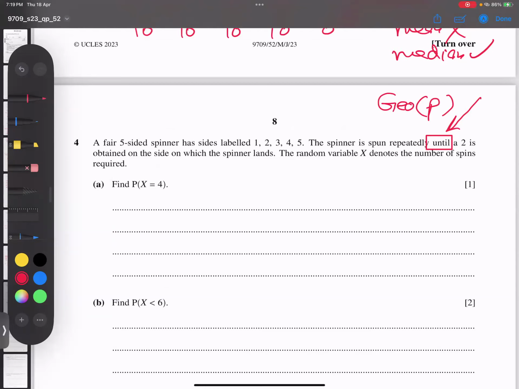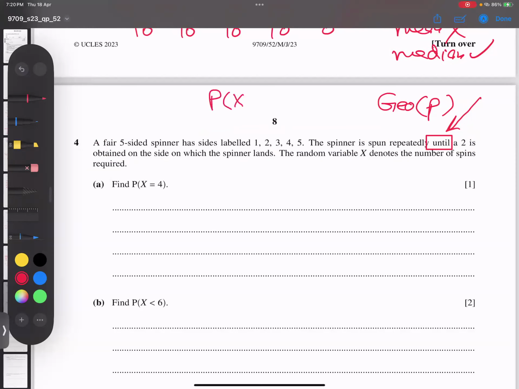So when it says here until 2 is obtained on the spinner, it means we'll keep on spinning repeatedly until it stops on 2, then we'll stop spinning. Okay, the random variable X represents the spins required. In this kind of question, geometric probability, we mostly use two formulas in total.